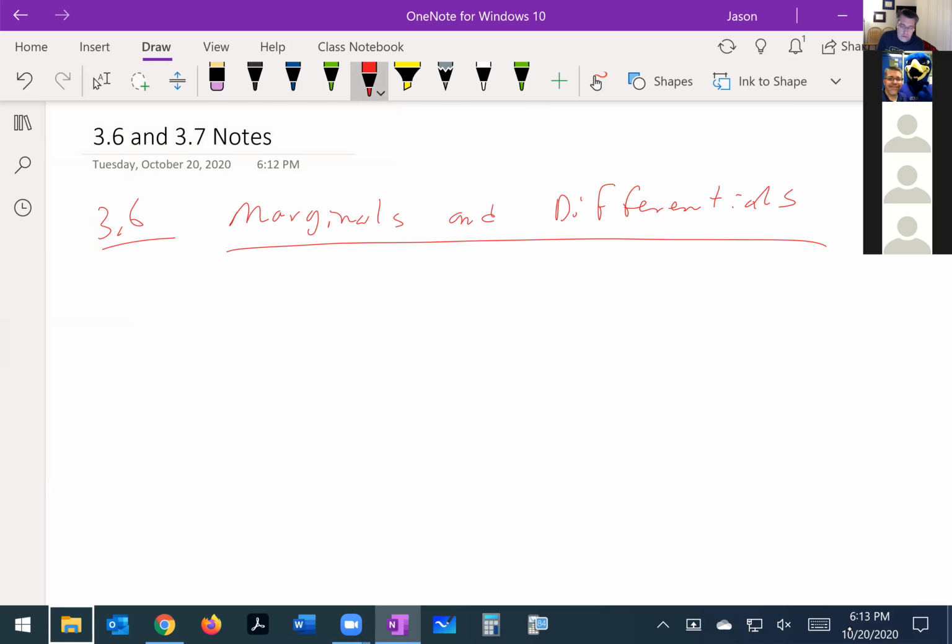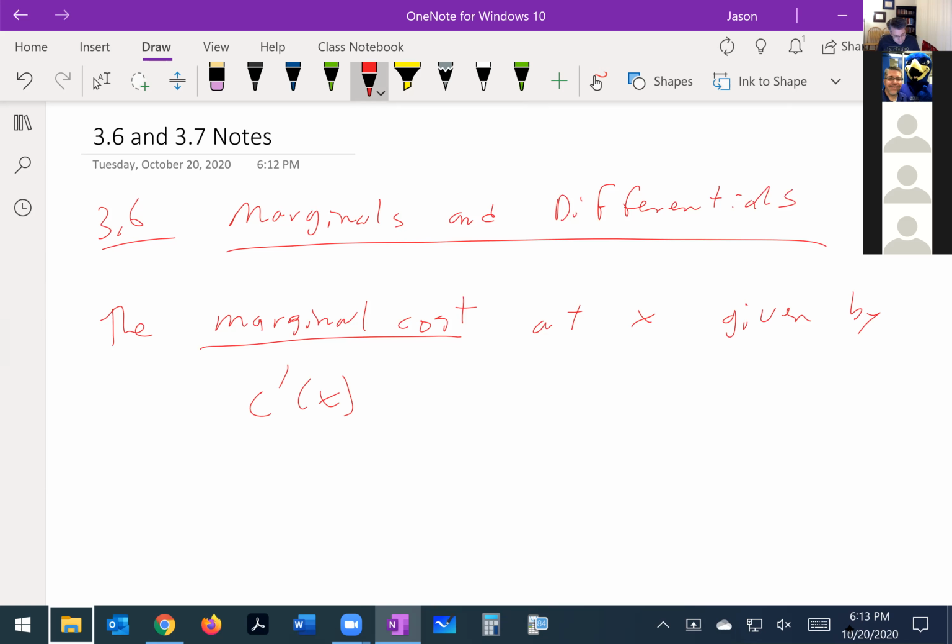Okay, so the marginal cost at x is given by c prime of x. So the derivative we're going to call the marginal. Okay, c prime of x.